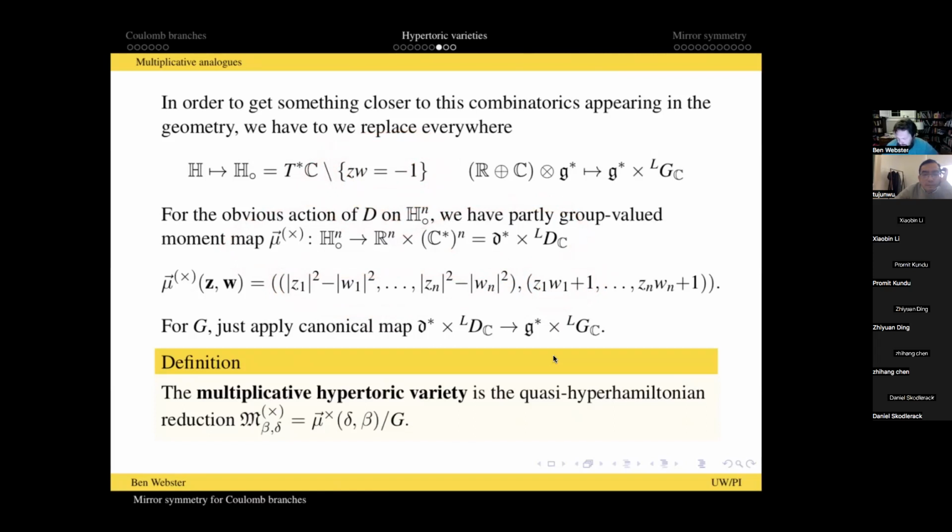All right, and this is the formula for the diagonal matrices. For general, I just apply the projection to the dual of this subgroup. All right, and now I have a quasi-hyper-Hamiltonian reduction, which is this multiplicative hypertoric variety.